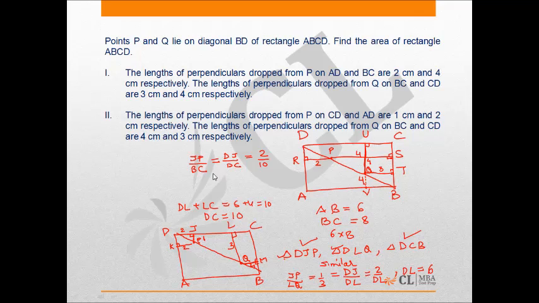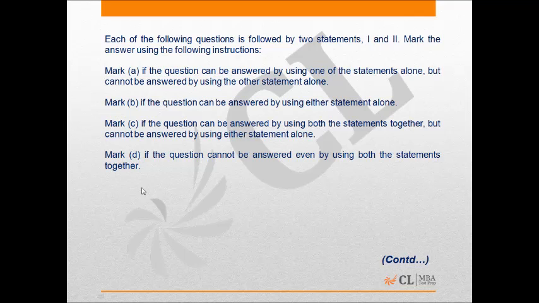So my DJ is 2, my DC is 10, so the ratio is 1 by 5. And JP given is 1 unit. So my BC length would be 5. So now if I know the length of BC, which is 5, and I also know the length of DC, which is 10, I can get the area of the rectangle. So which means that by statement 2 alone also I can get the answer. So the correct answer would be option B.